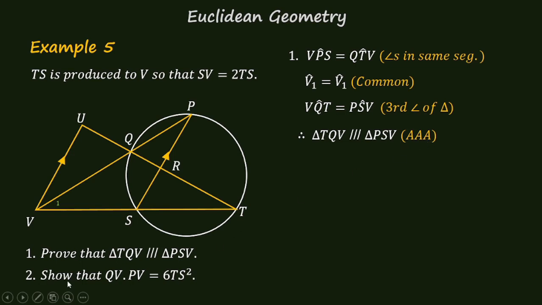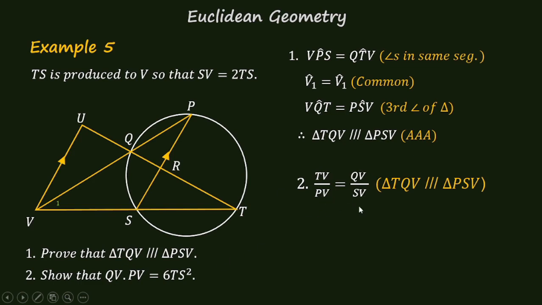The second question wants us to show that QV times PV equals 6TS squared. We can use these similar triangles and write the corresponding ratios. The first one that I come up with is TV over PV because this will involve PV. So TV over PV, and then QV over SV.